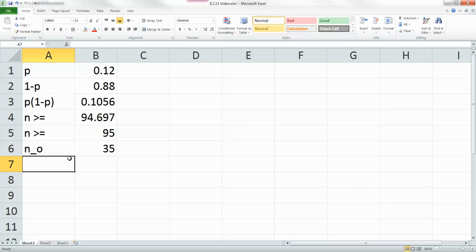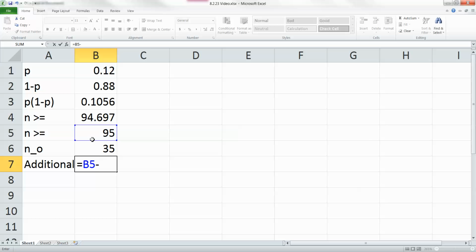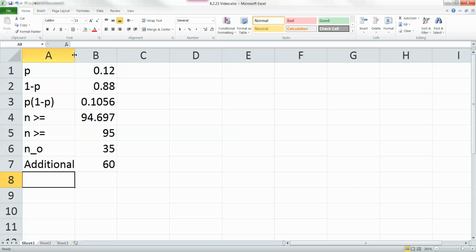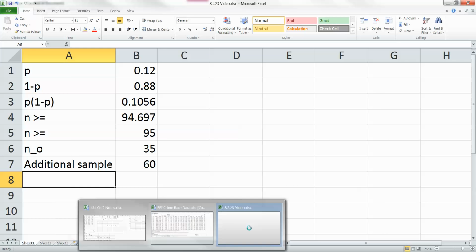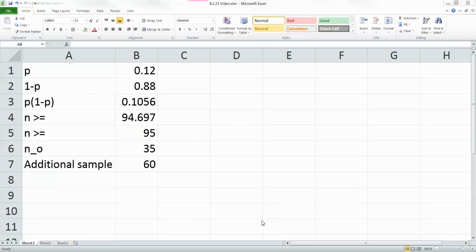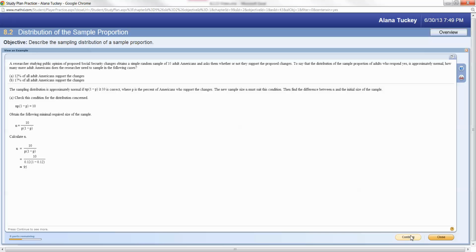So the additional sample is equal to 95 take away 35. So we need 60 more people. Now let's see if that matches what they do. Yep, see 95 and then 60, because they already polled 35 people.